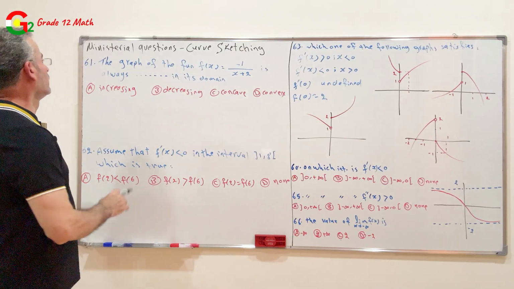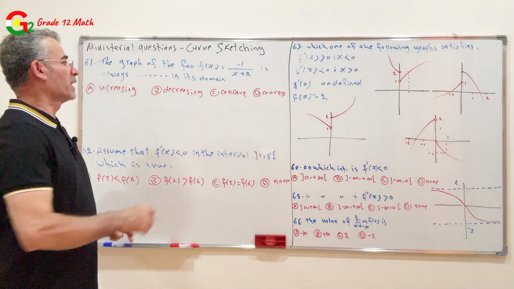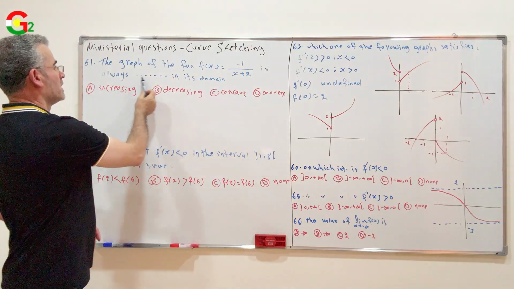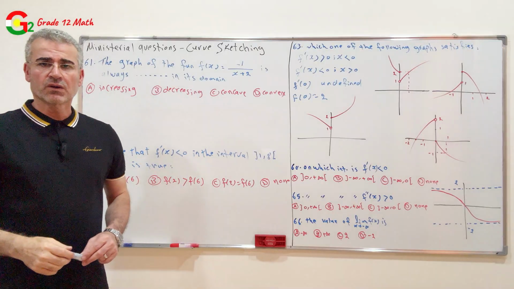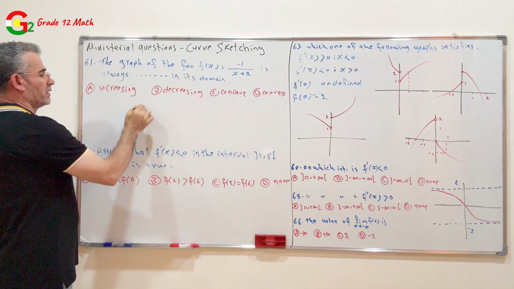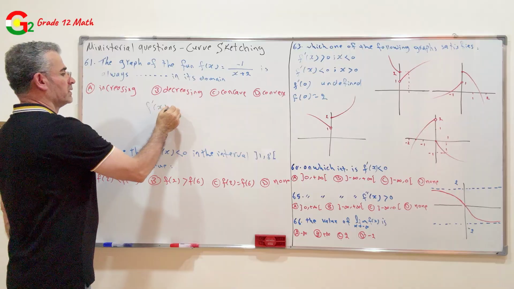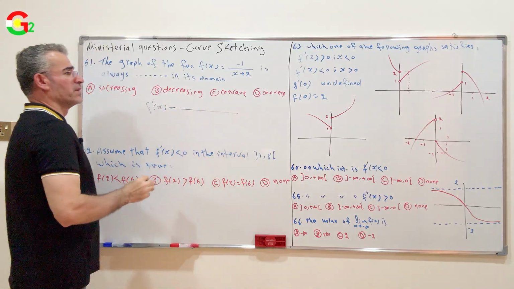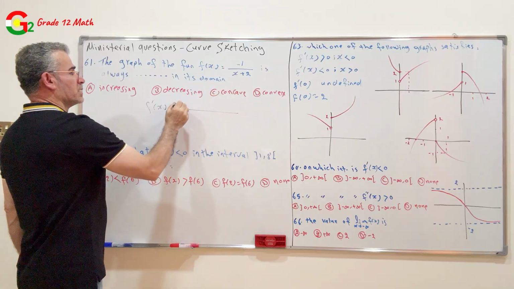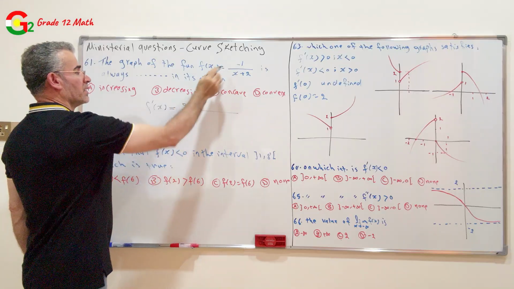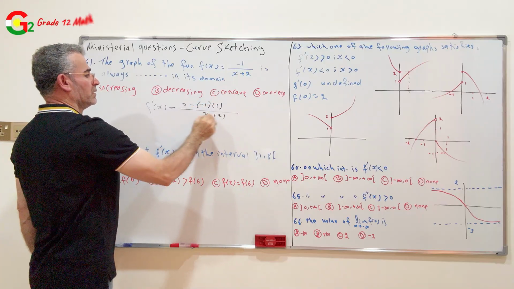Question number 61. The graph of the function f of x equal -1 over x plus 2 is always dash in its domain: increasing, decreasing, concave, or convex. First, we find the critical value of this function. Find the derivative: the denominator times the derivative of the numerator, 0, minus the numerator times the derivative of the denominator, 1, over denominator square.